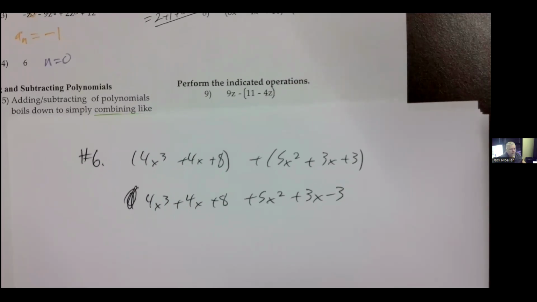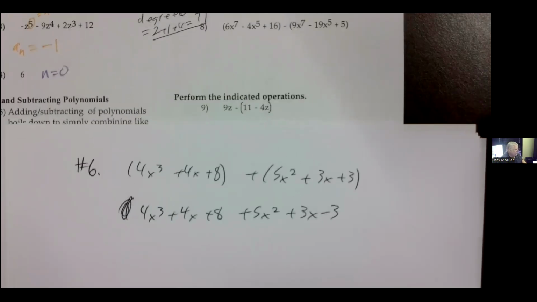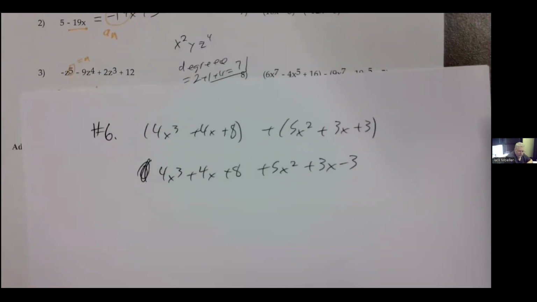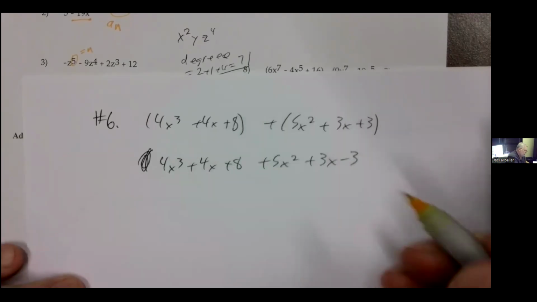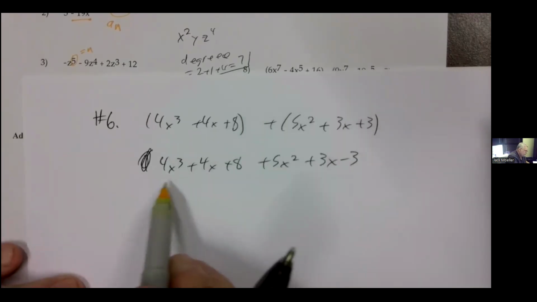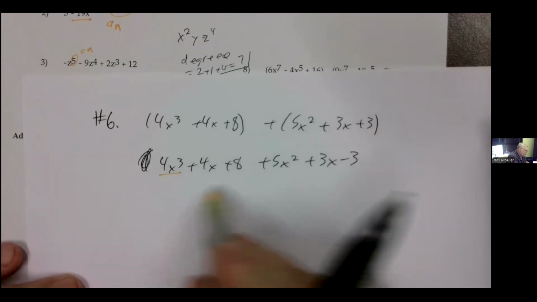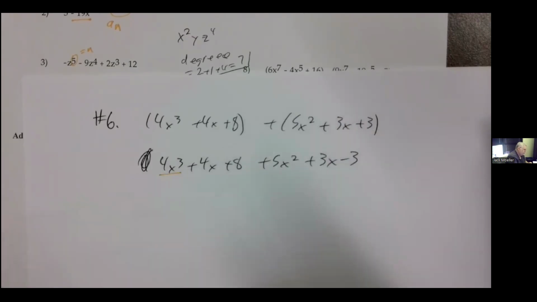How you do this depends on how comfortable you are. I've done this enough that in my head I can identify like terms, and I always like to start with my highest exponent. There's 4x cubed, and there are no other x cubeds, so I have 4x cubed.